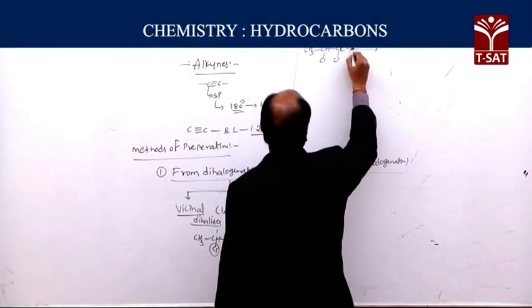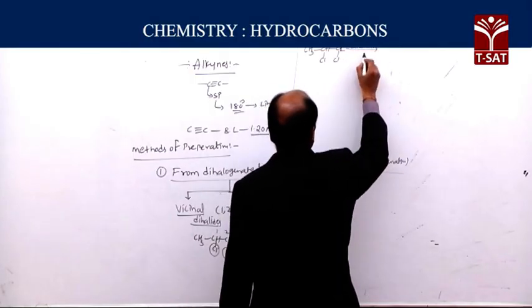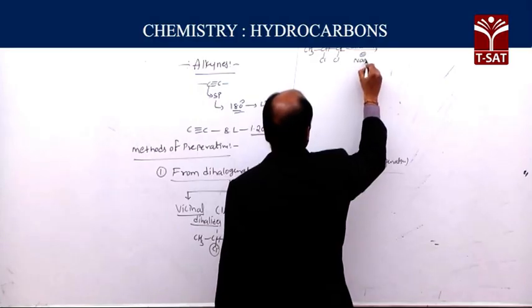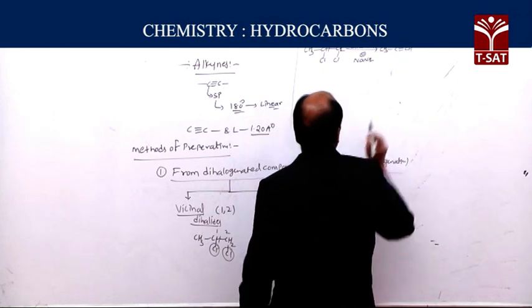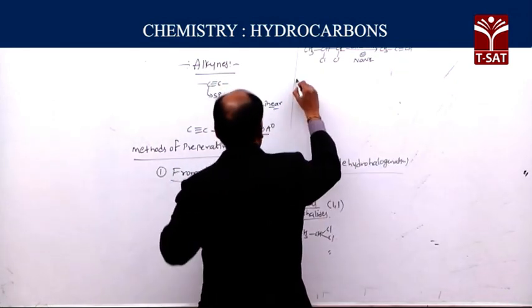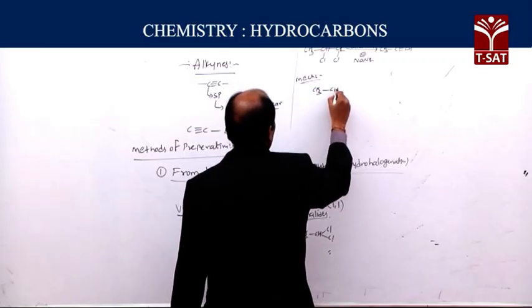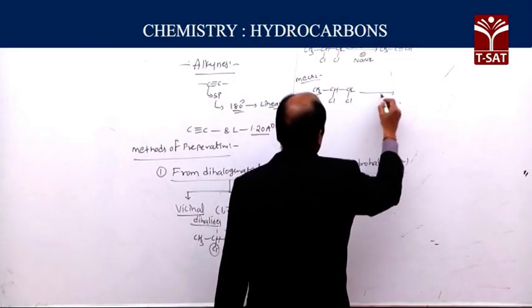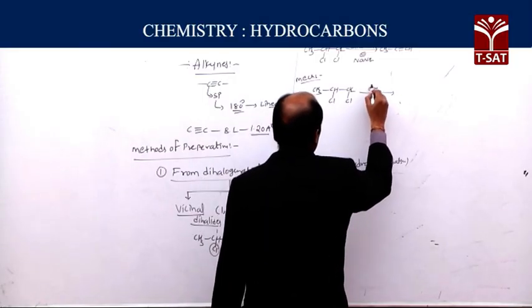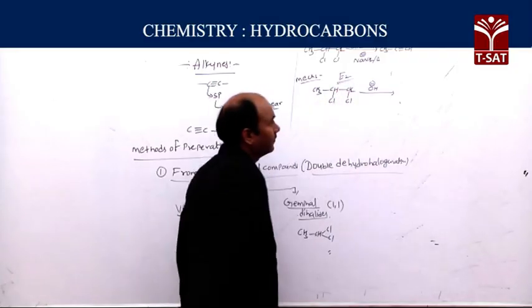If you use alcoholic KOH, or otherwise NaNH2, what we get is CH3 C triple bond CH. What happens in the mechanism? First of all, we treat with alcoholic KOH, and this follows the E2 mechanism.